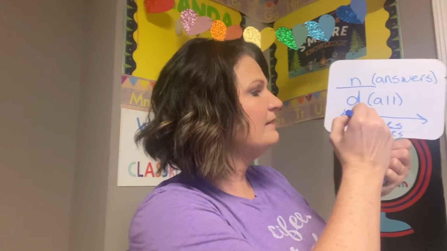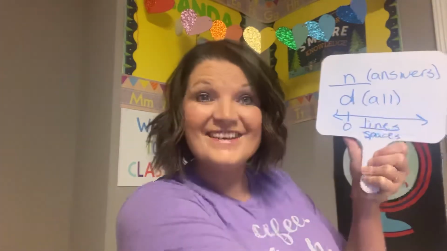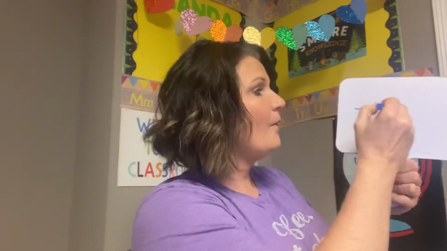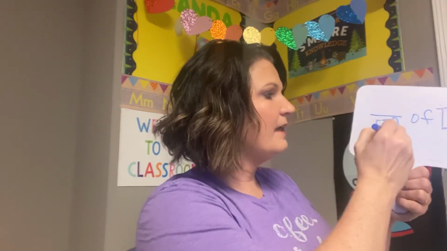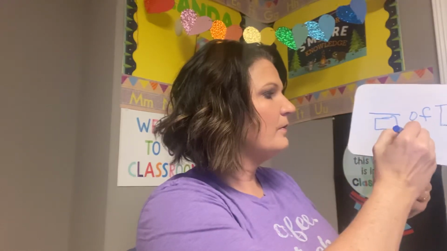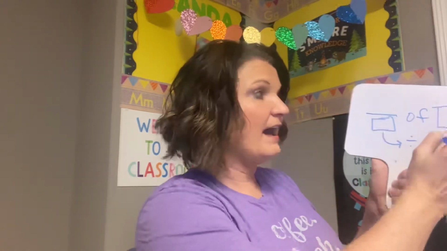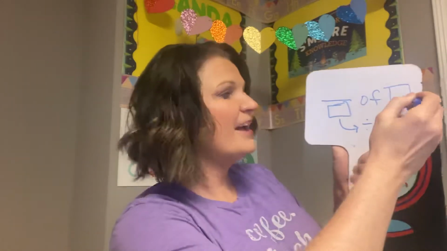And you always start with 0. And then the last thing that we remember is a fractional part of a whole. Of your whole number, you take the denominator and you are going to divide. Always your big number first. Whole number divided by denominator. And that'll do it today, guys.